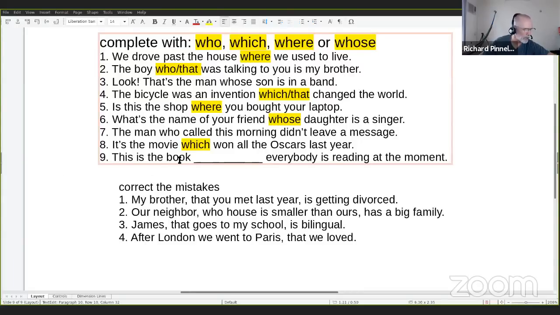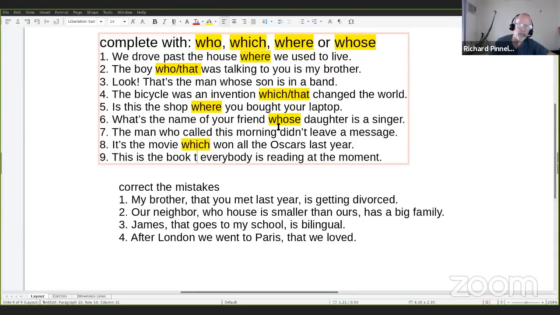Who's got the answer to number 9? Yeah, you can use that. It's possible. Actually, up at the top, I said use that. We can use that or which because it's defining.